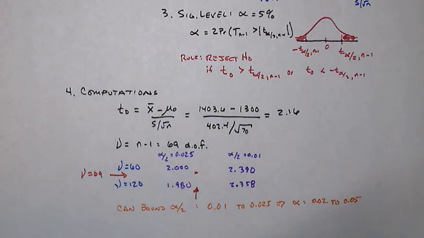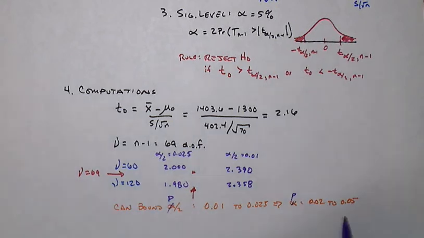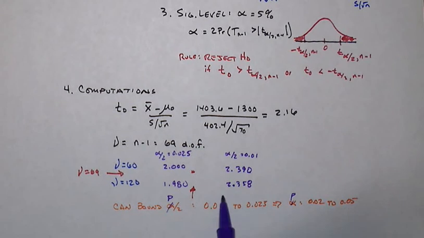I need to be more precise about this, that this is really the p-value that we're working with here, the p-value that goes with the particular statistic. Right, 0.02 to 0.05, and that's good enough, right? Because our significance level was 5%, and we know that our p-value is a little bit less than that, right? So we're outside of that region, right? So that's one way to look at this.